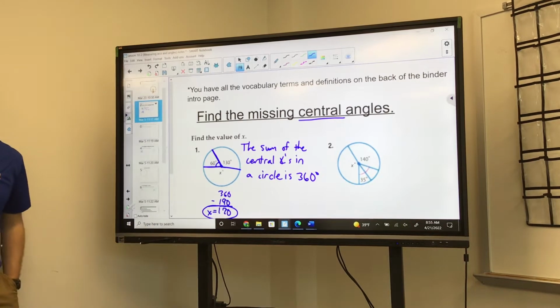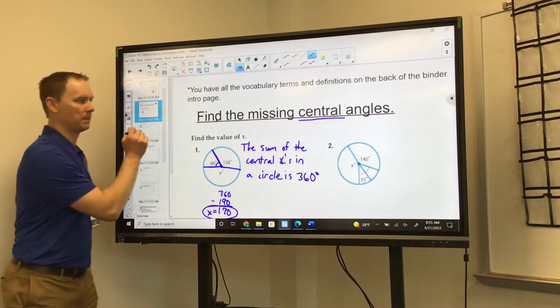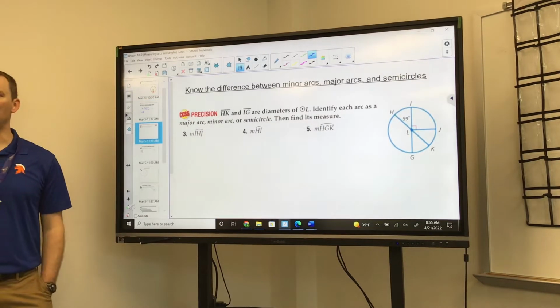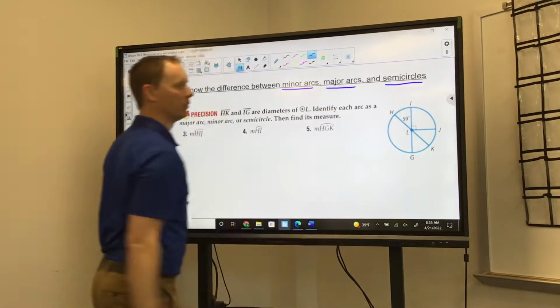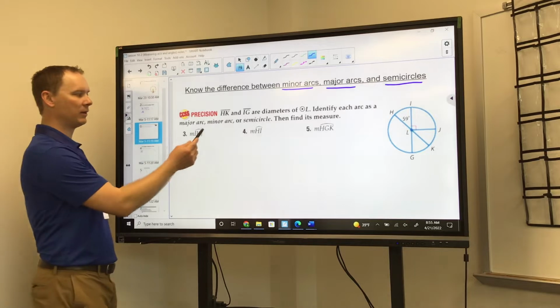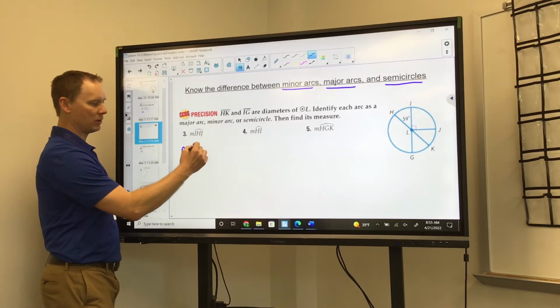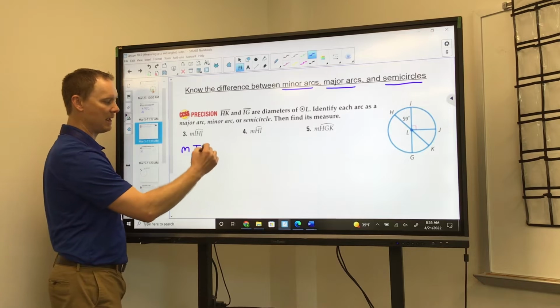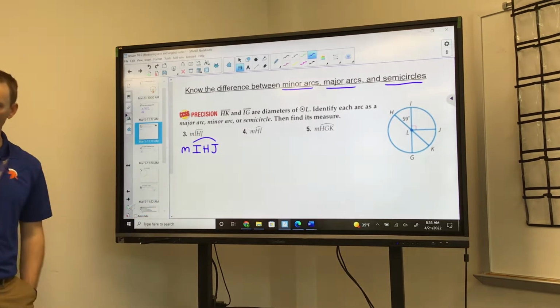Okay? So, pretty straightforward. Moving on to the next one. Another thing you guys looked at was minor arcs, major arcs, and semicircles. The biggest new thing with this is that you understand some of the notation. Number 3 asks for the measure of arc IHJ. There are 3 letters there, obviously.